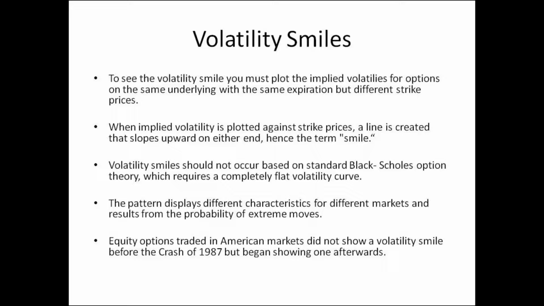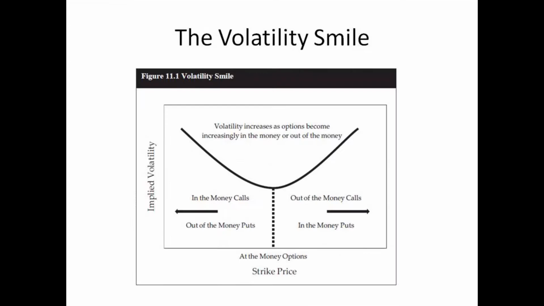They're protecting themselves from another 1987 crash. But anyhow, let's move on to our next slide and we'll take a look at the volatility smile. If you look at this chart, you can see the smile in the middle of it, that curved line. And at the bottom, we have the strike price.